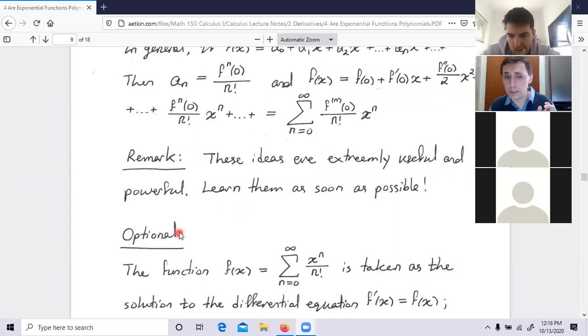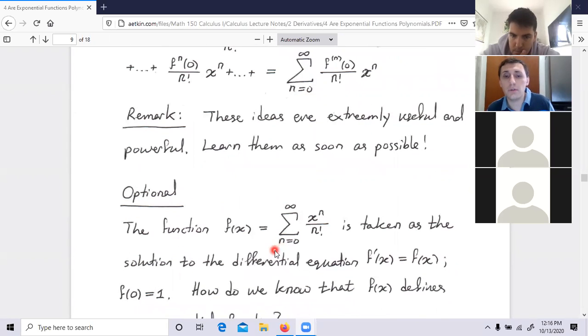So there is an optional section. The reason it's optional is that to fully understand it, you need to know some combinatorial analysis, which I have notes on and which we can discuss if you decide to do it. Not that much. You need to know the binomial theorem. Here is what the optional section means.